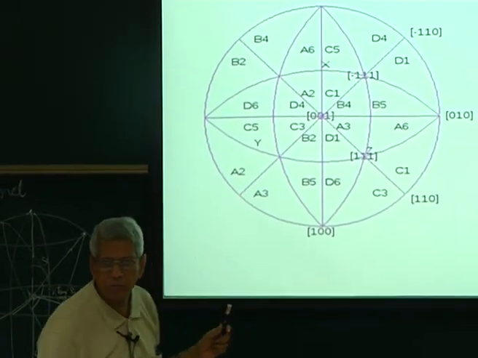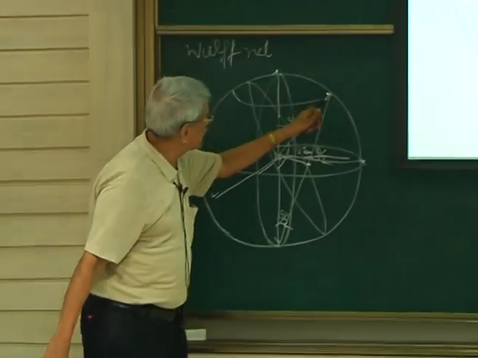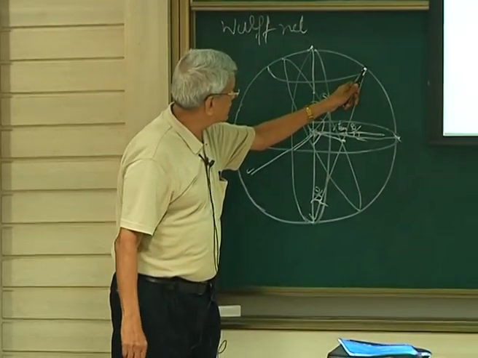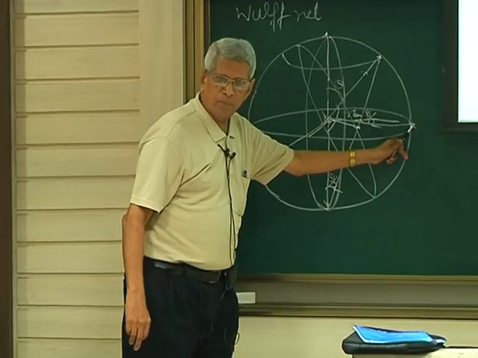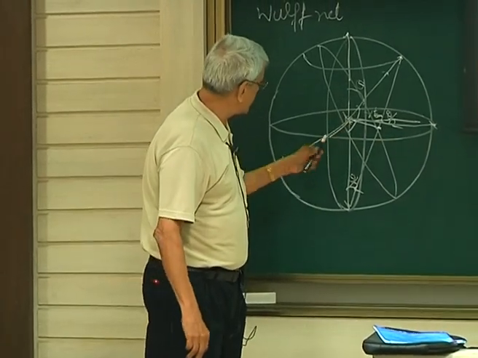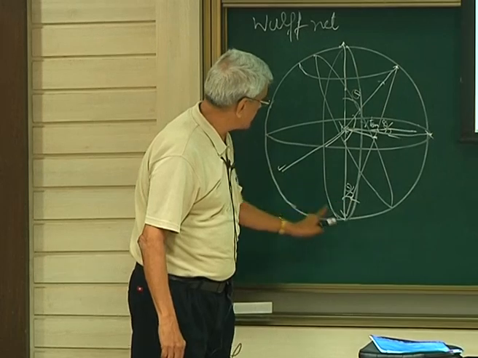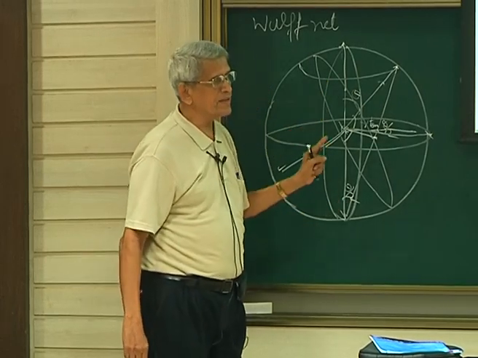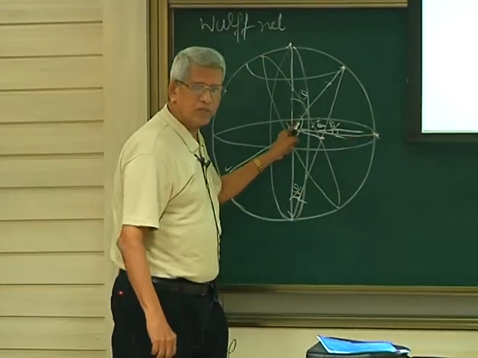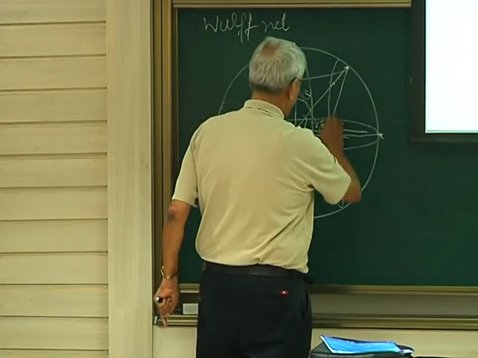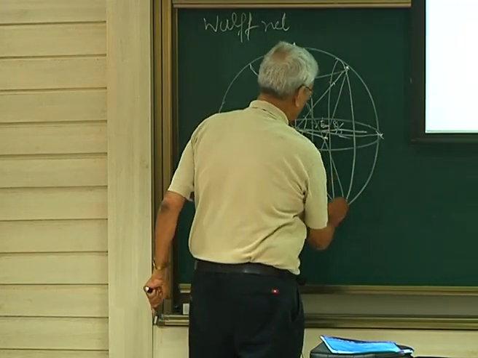Then another important property: if this is a pole, okay. If we look here, why is this called a great circle? Corresponding to this line, I can have a circle whose plane is perpendicular to this.